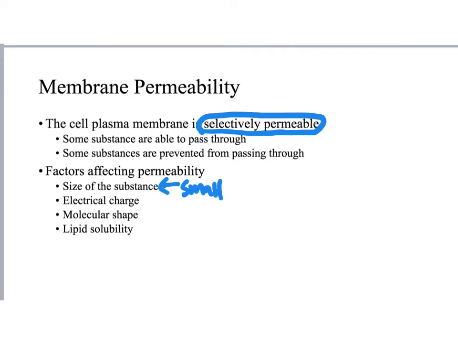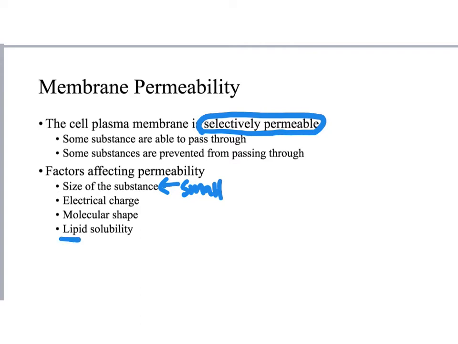Molecular shape: for example, those proteins that we saw embedded in the phospholipid membrane are uniquely shaped to receive or accept only particular proteins that can fit inside their shape. So, depending on the shape of the molecule, it may or may not fit one of those carrier proteins, in which case it would not be able to cross the membrane.